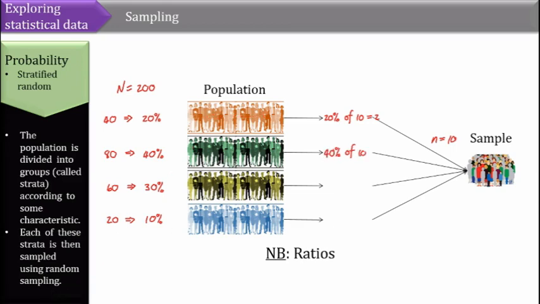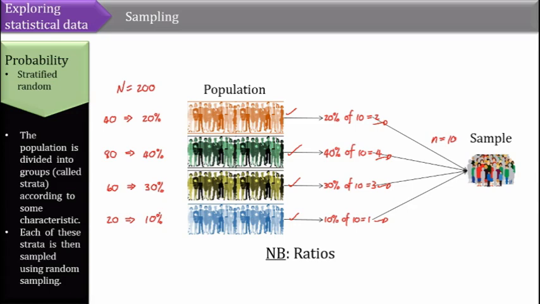Next we have 40% of 10, right? 40% because 80 out of 200 people belong to this group in the population. So that means 40% of 10 from our sample must belong to this group as well. And we see that that's 4. So carrying on, we see that we have 2 people randomly selected from the first group, 4 people randomly selected from the second, 3 randomly from the third, and only 1 person randomly from the fourth group or the fourth stratum, right?